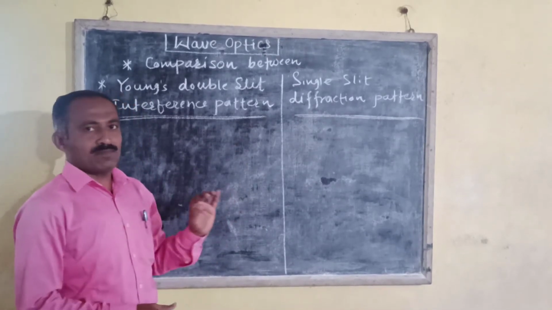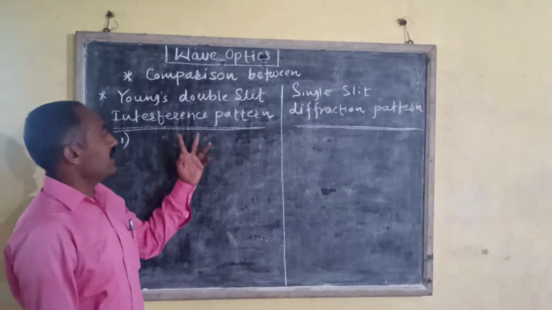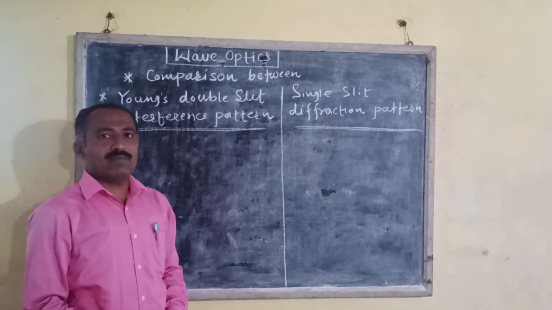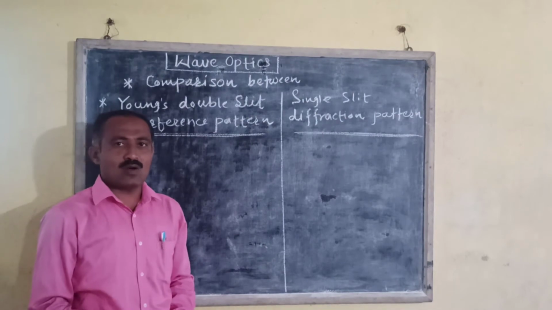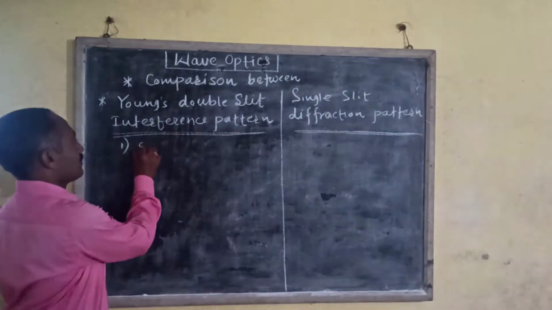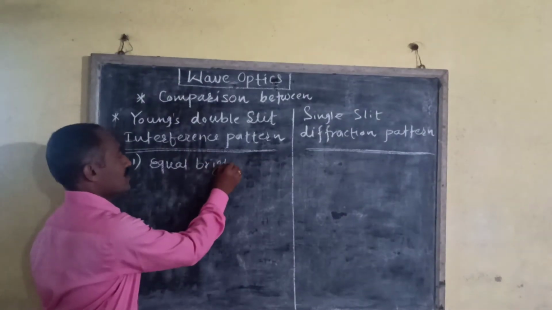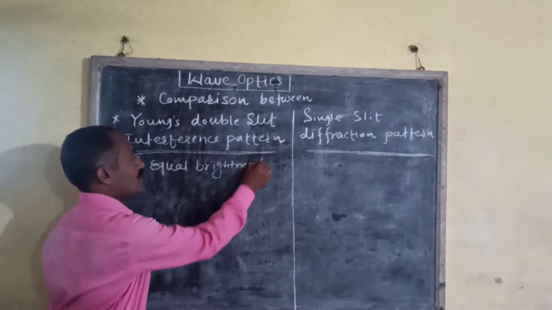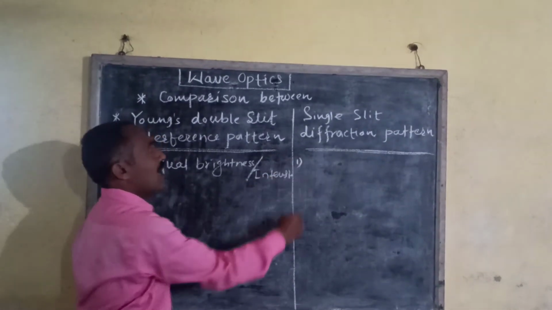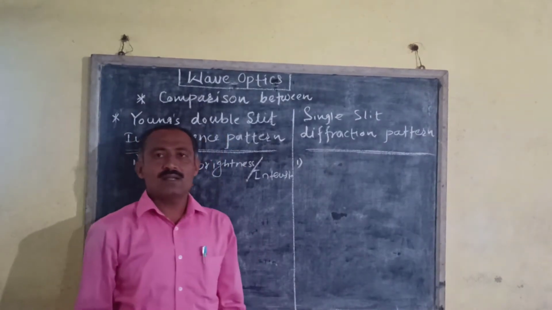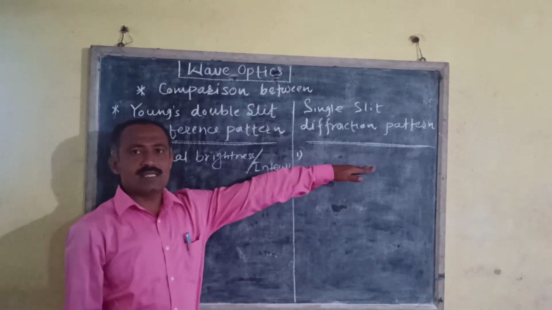The first difference is that in Young's double slit interference pattern, all bright fringes are of equal brightness and equal intensity. But in the single slit diffraction pattern, all bright bands are not of equal intensity.